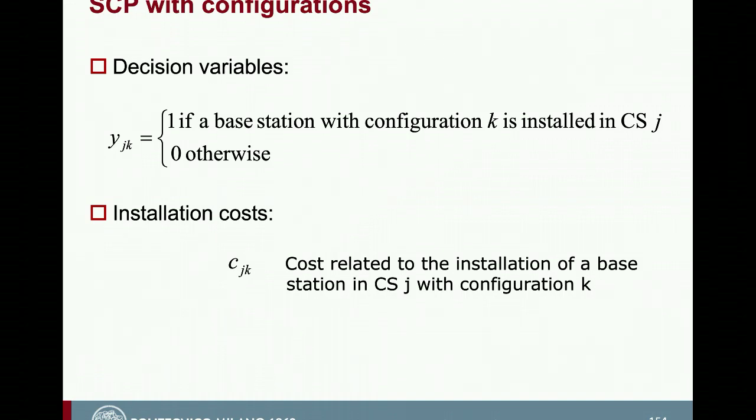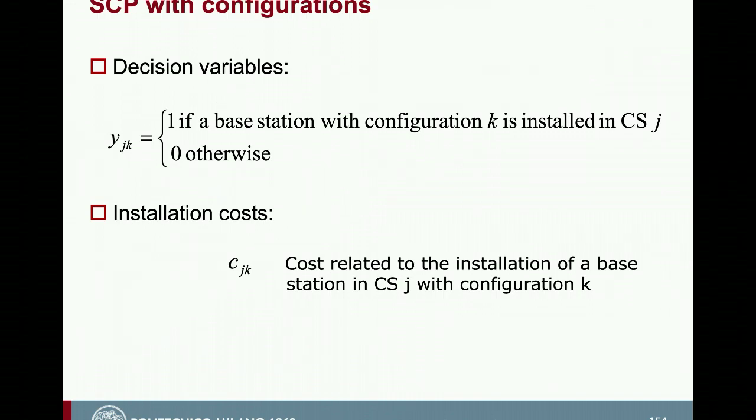So of course this is a problem that can be easily extended. If we want to incorporate the configurations, then basically we need to extend the definition of the decision variables. So yjk equal to 1 if a base station with configuration k is installed in candidate site j and 0 otherwise.